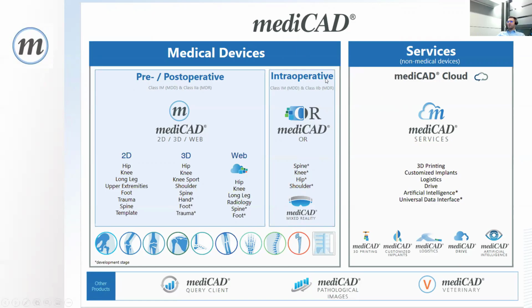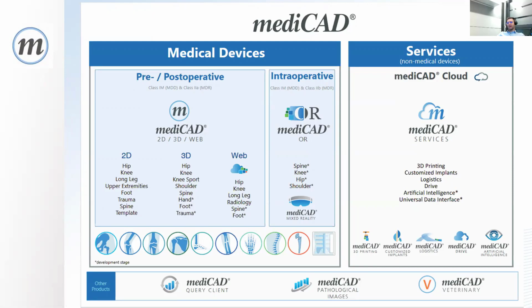So this is our medical device section, and we also have solutions for services, for example 3D printing, logistics, and other things. 3D printing can be very useful in spine, especially in severe cases, where you have the possibility to get a 3D model out of the software.